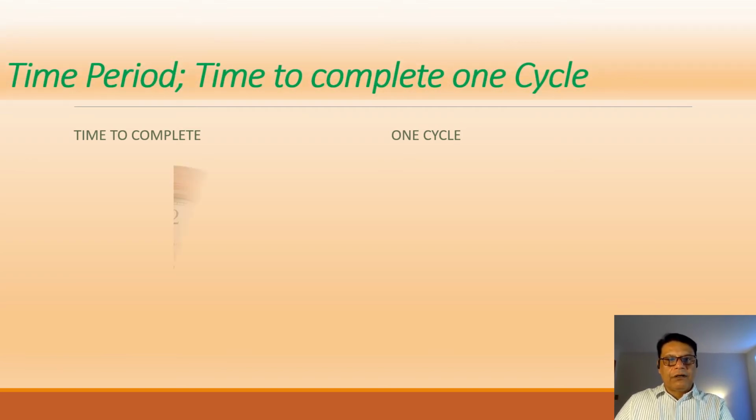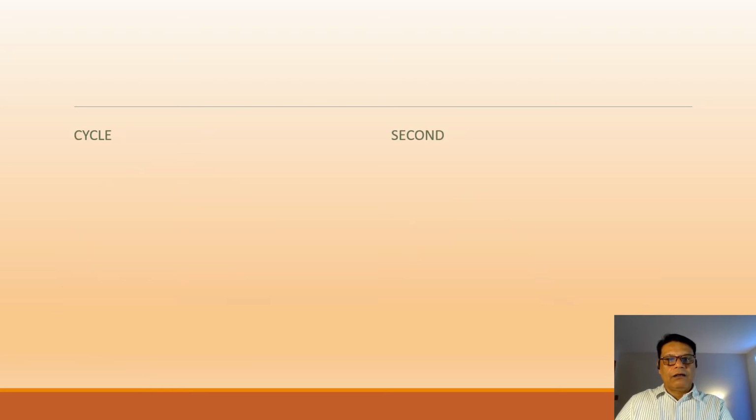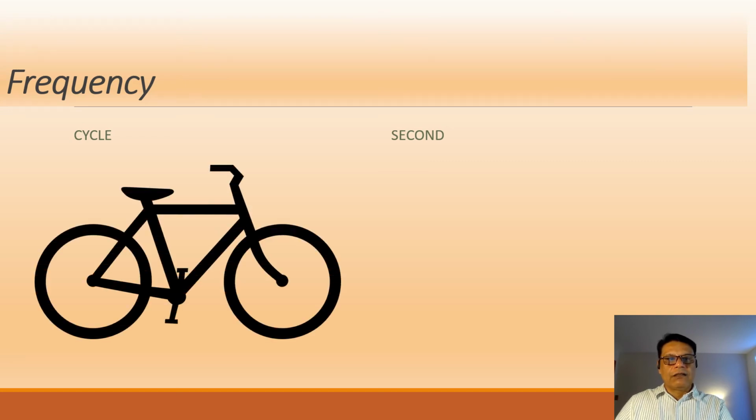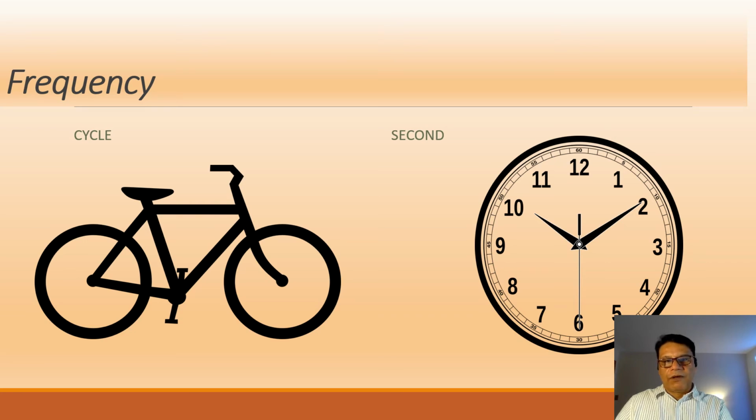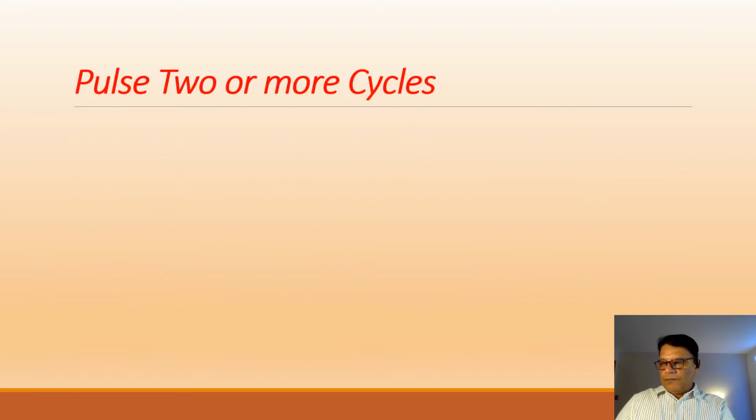We discussed time period. Time to complete 1 cycle is called time period, and frequency is cycles per second. We discussed it a number of times, and it has an inverse relationship with wavelength. So in imaging ultrasound, our imaging transducer probes produce a group of cycles, a group of 2 cycles, 3 cycles, 4 cycles.